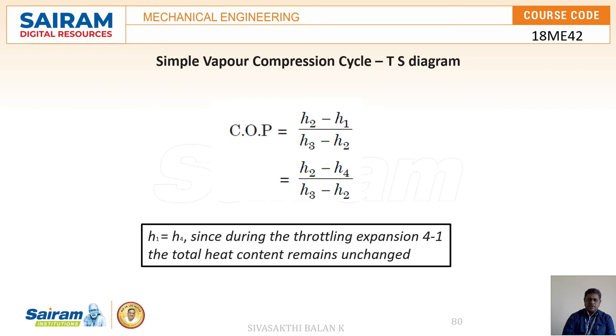So COP is H2 minus H1 divided by H3 minus H2, and we also know that H1 is equal to H4 because the expansion is an isenthalpic process. So I can replace H1 by H4. The final answer comes like this: H2 minus H4 divided by H3 minus H2. This is the value for COP.